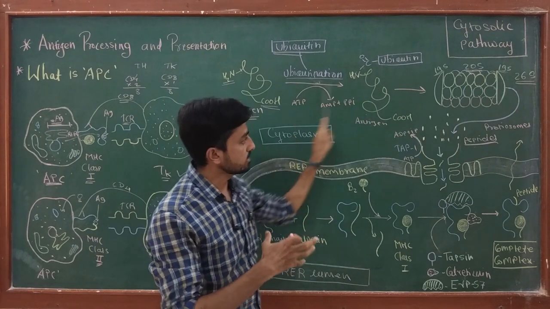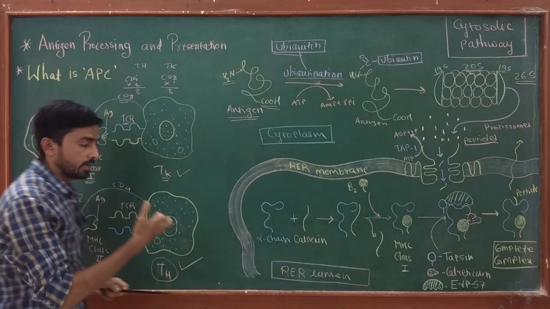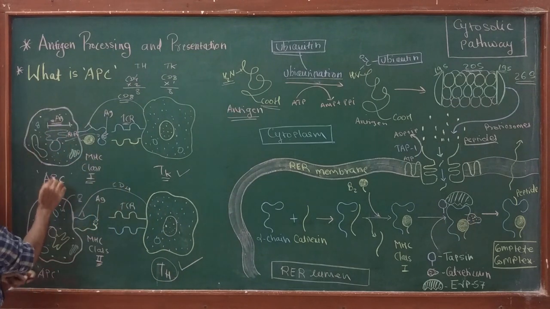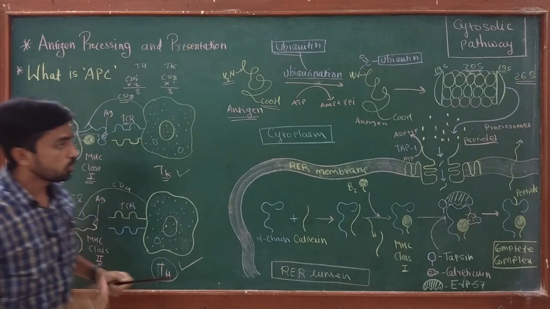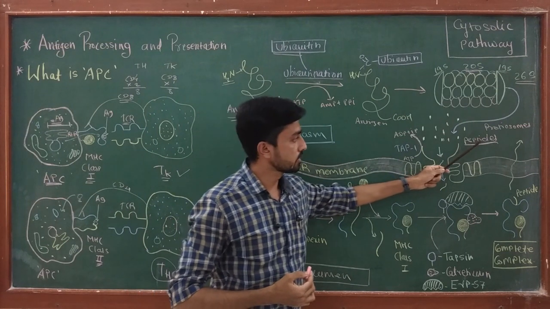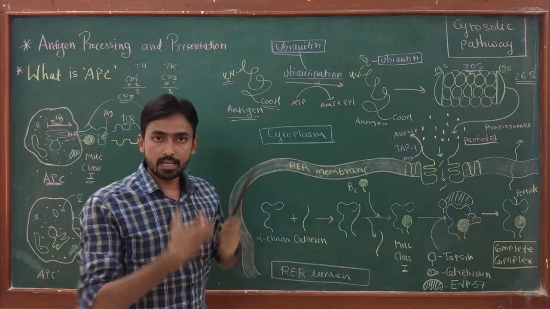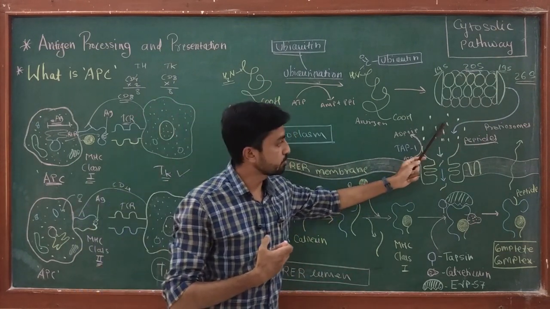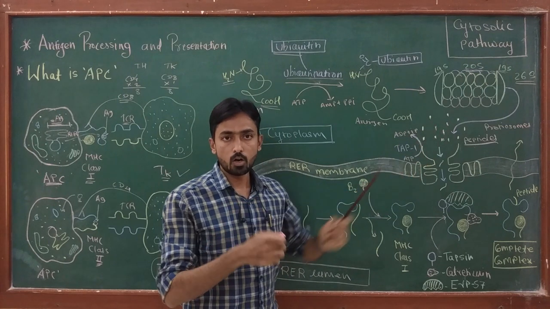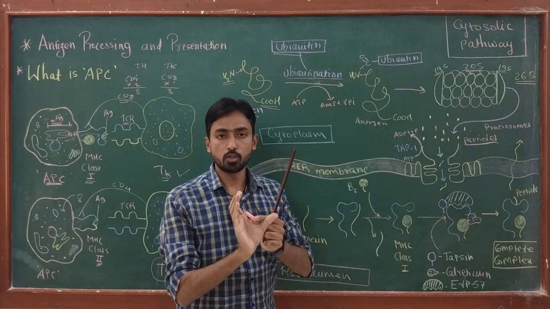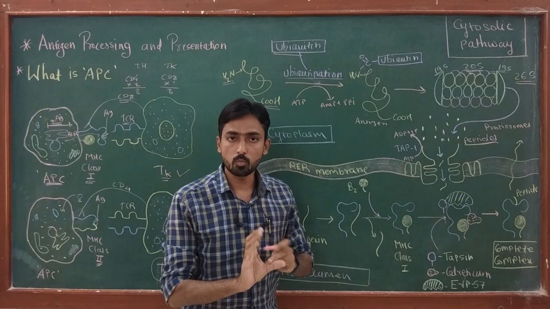Okay, so this reaction occurs inside the cytoplasm of the antigen presenting cell. Once the peptides are produced, the cell has to connect one of the peptides on an MHC class 1 molecule.